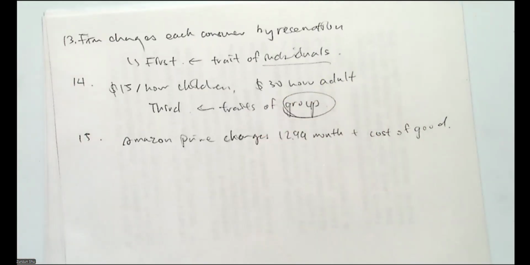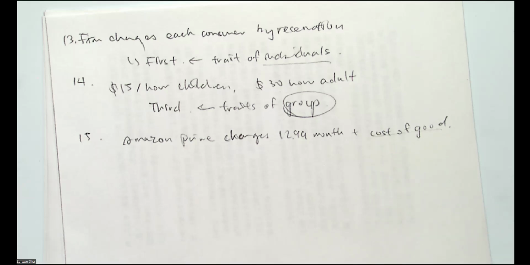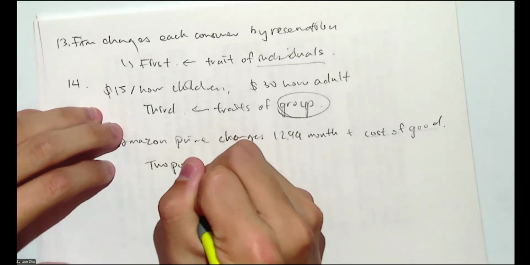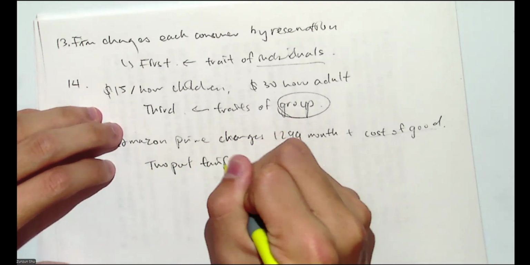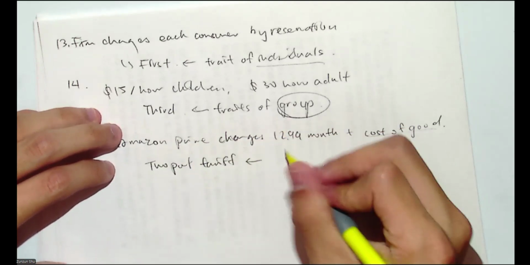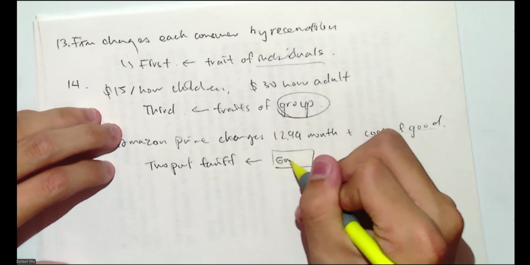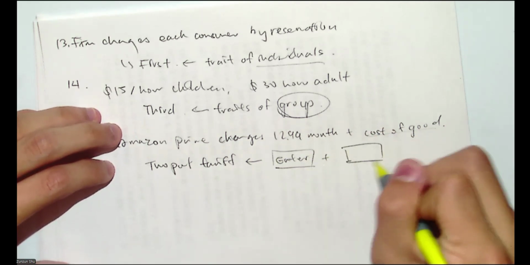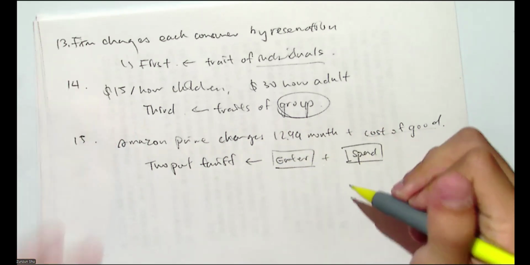You have this basic $12.99 that you need to enter the market, right? To even get the service of Prime, 2-day delivery, something like that. And you also have to pay for the goods. So this is a two-part tariff, okay? And how do I know it's a two-part tariff? Well, there's two components. First is the part you need to enter the market, and the other is the part you need to spend in the market, okay?